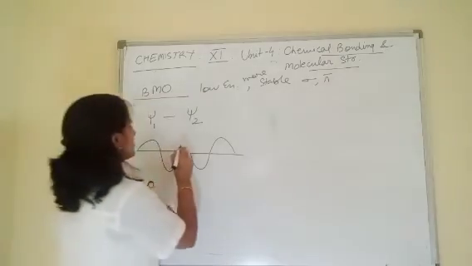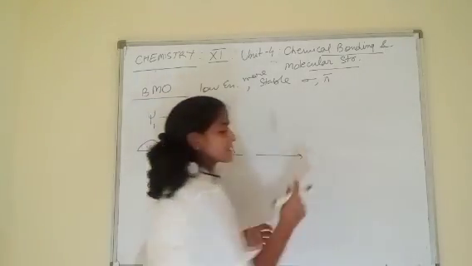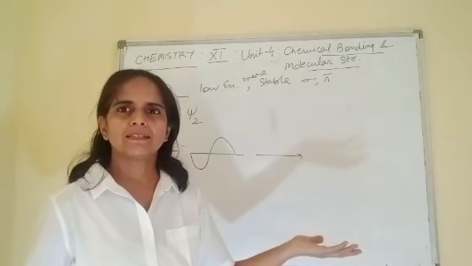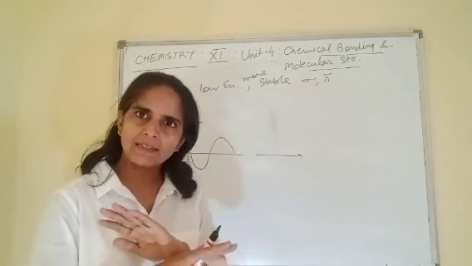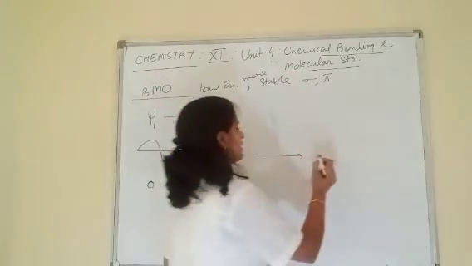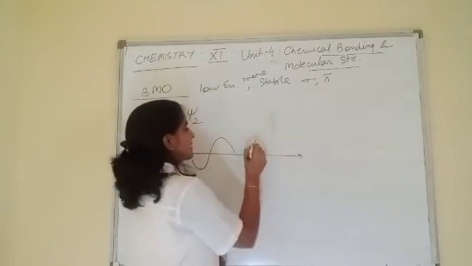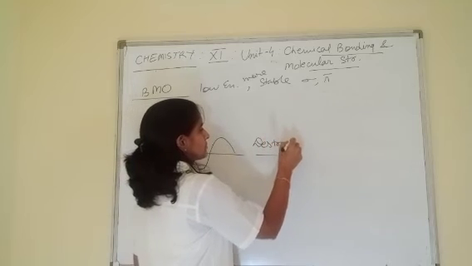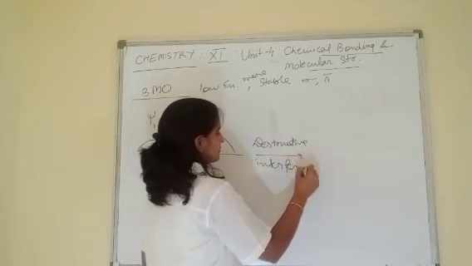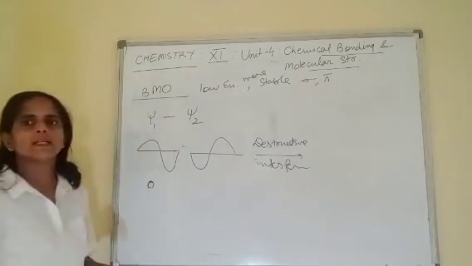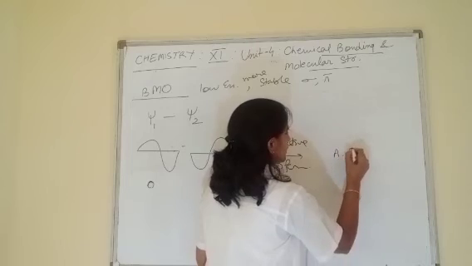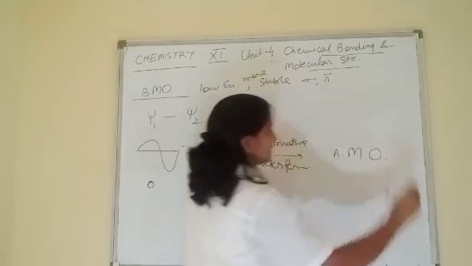Now, as they cancel out each other, what is left for us? Nothing. We will be getting nothing because they cancel out each other. So this is termed destructive interference. And as a result of destructive interference, you will get the anti-bonding molecular orbital.